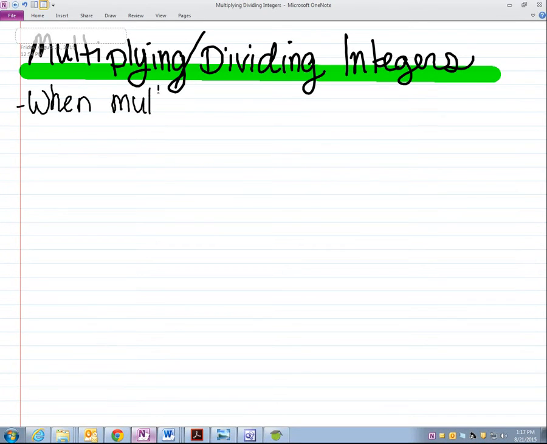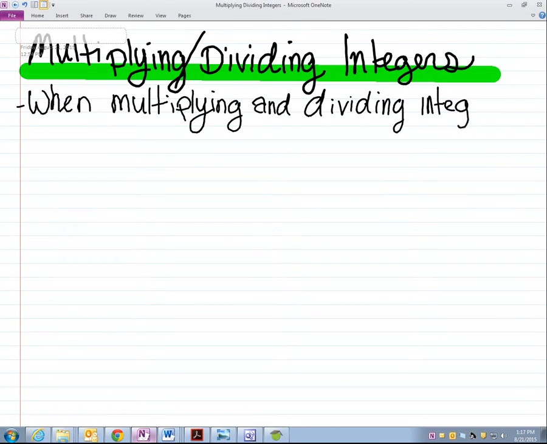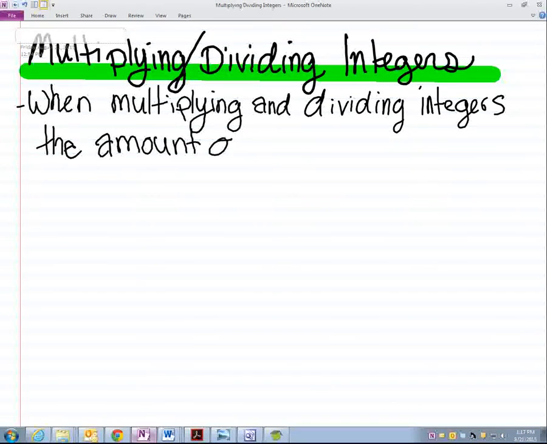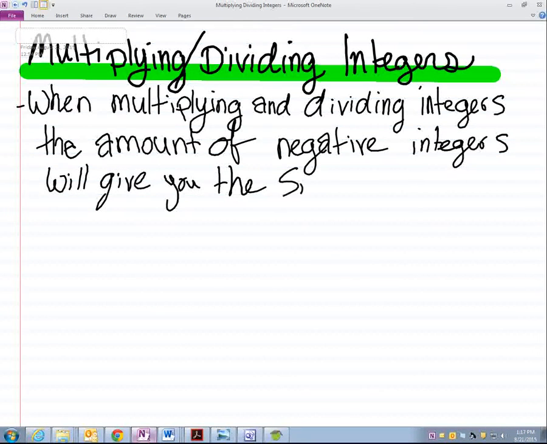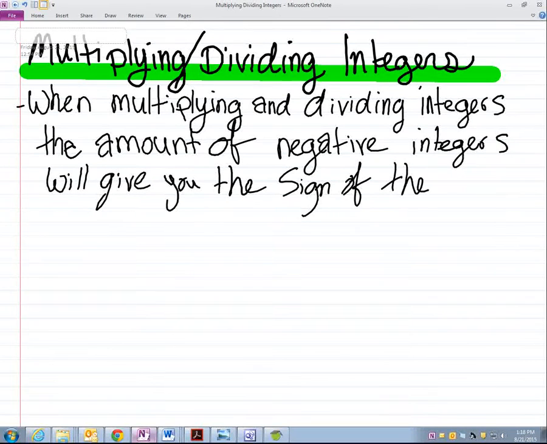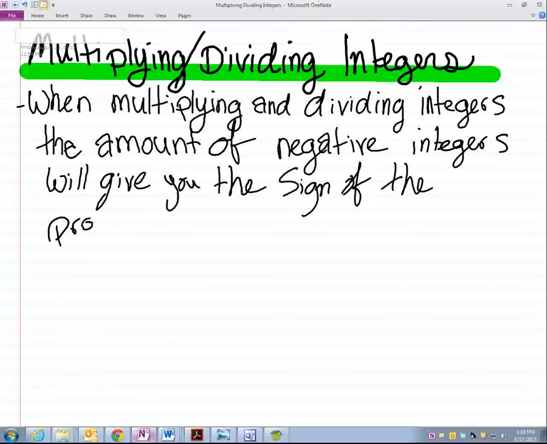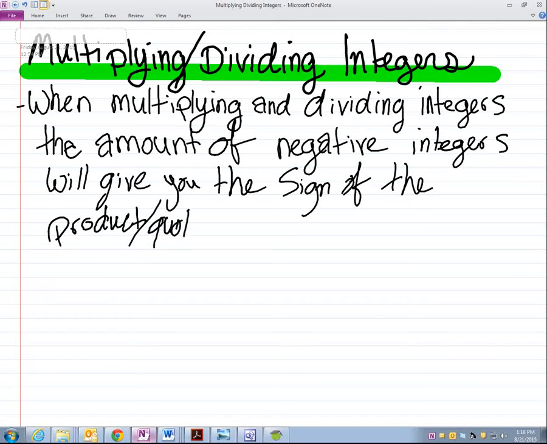When multiplying and dividing integers, the amount of negative integers will give you the sign of the product or quotient. I'll show you what I mean by that.